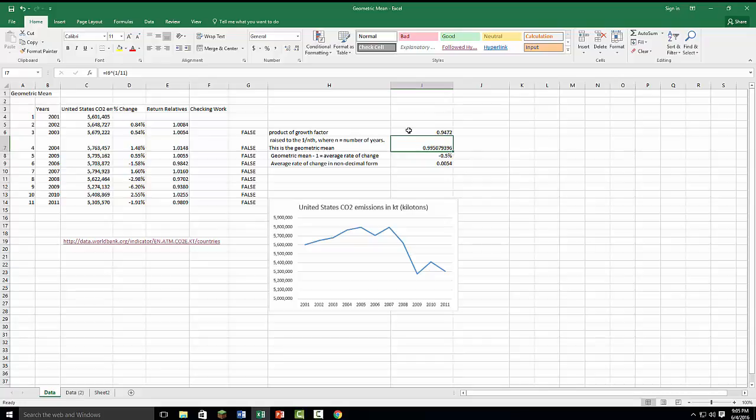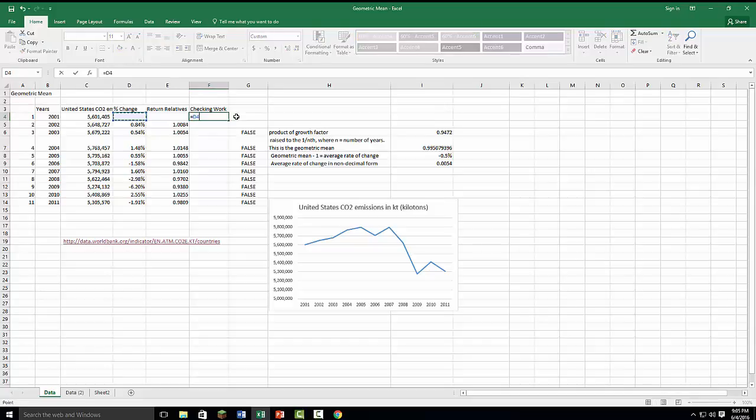So to get the average rate of change, we're going to take the geometric mean minus 1, which gives us negative 0.5%. So let's check our work. If we take the first period and multiply it by the average rate of change, and we do this for each successive period, what I'm expecting to see in 2011 is the actual value.